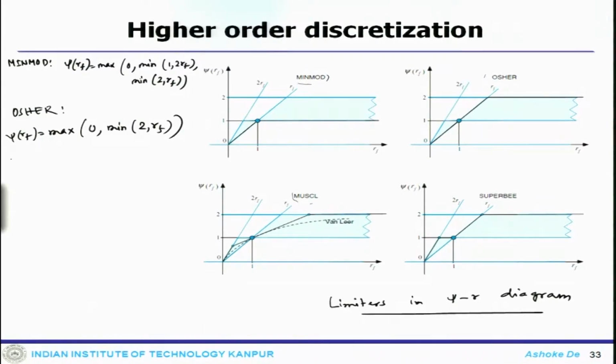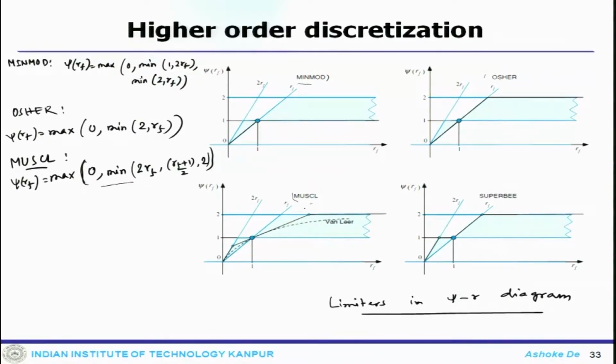If you look at the Muscl limiter, psi RF equals max of 0, minimum of 2 RF, comma, RF plus 1 by 2, comma 2. So, this is between 3 parameters.